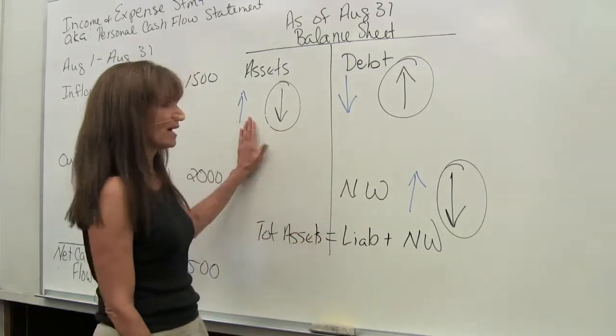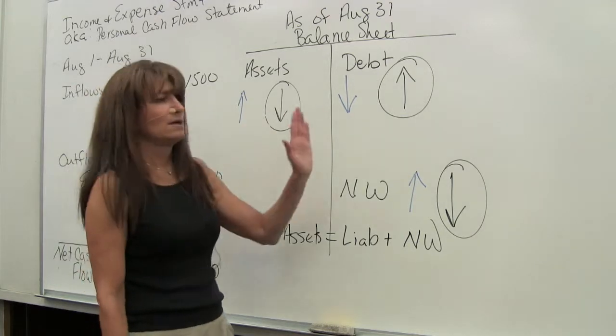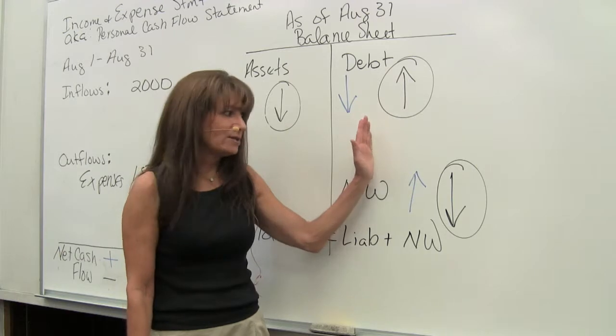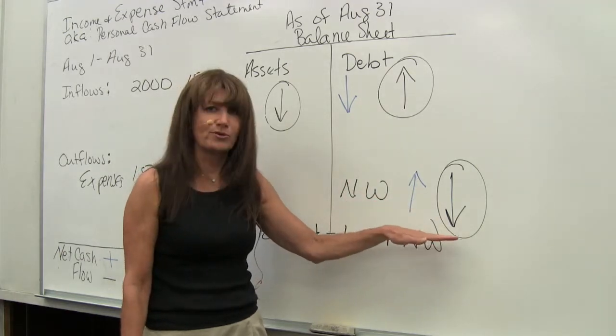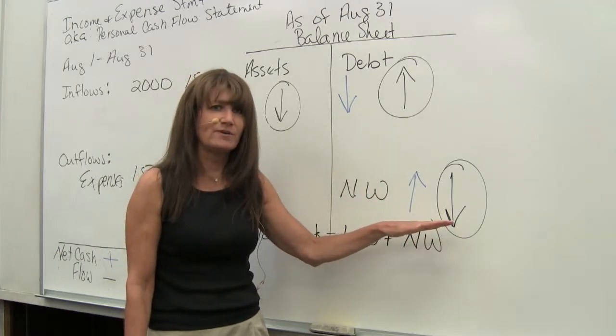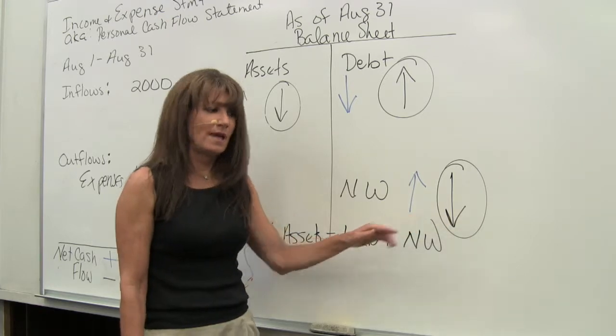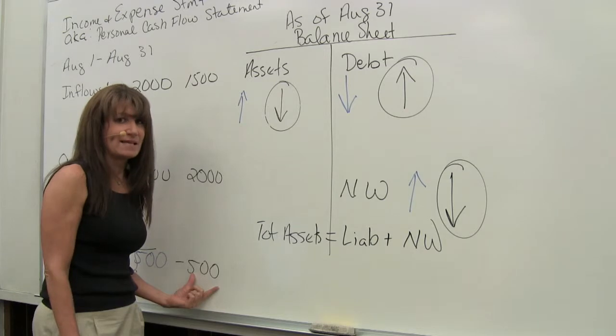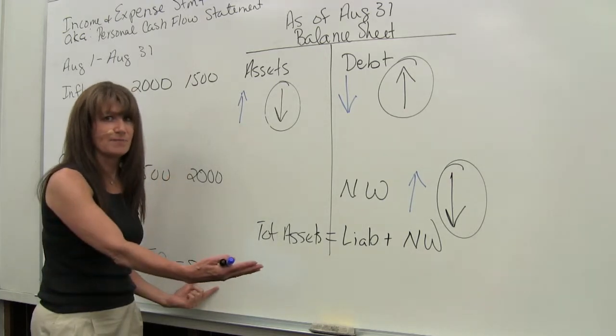So you've depleted your assets. Now you've got more debt than you can handle. And you are in negative net worth territory. So negative net worth and negative net cash flow, that's how people head into bankruptcy.